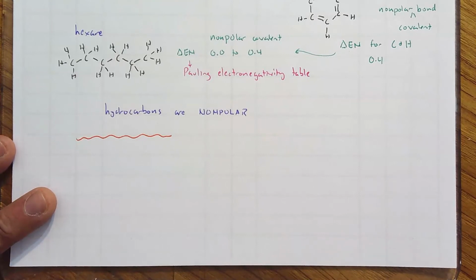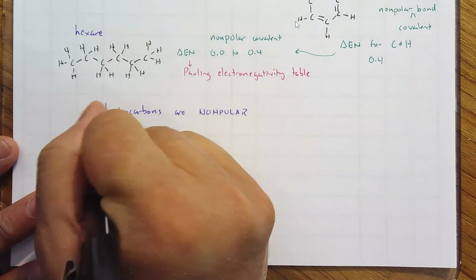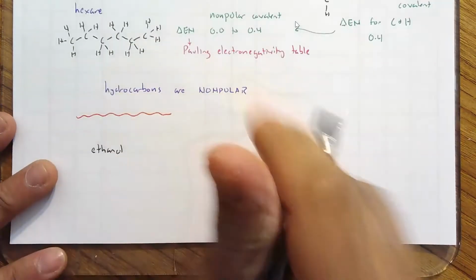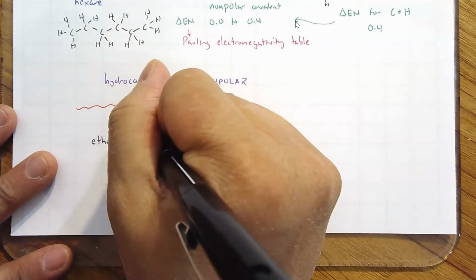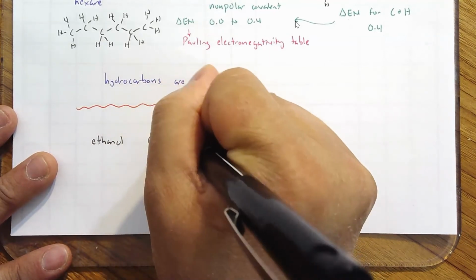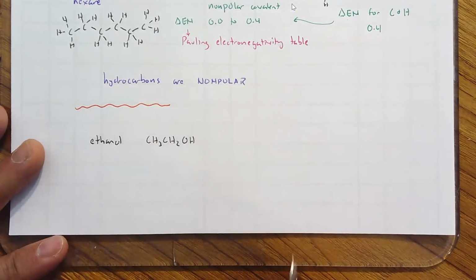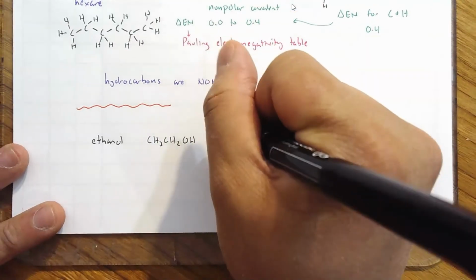How about ethanol? So ethanol, I'm going to draw the condensed structure. Ethanol has a CH3 group, a CH2 group, and an OH. Is it soluble in water or benzene, or both?